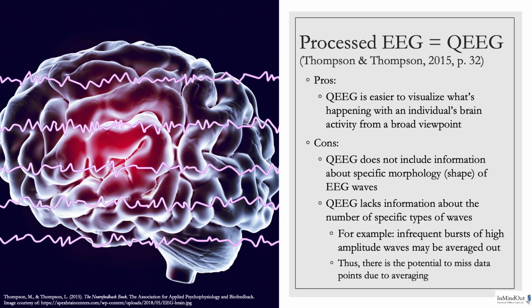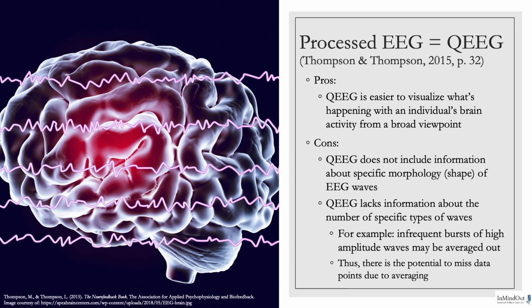epileptiform types of activity and all sorts of other activity that you may not see if we just look at the quantitative metrics. So, as this says, the QEEG, or the quantitative metrics, lack information about the number of specific waves or even the morphology.